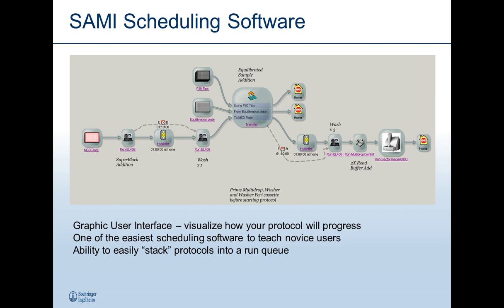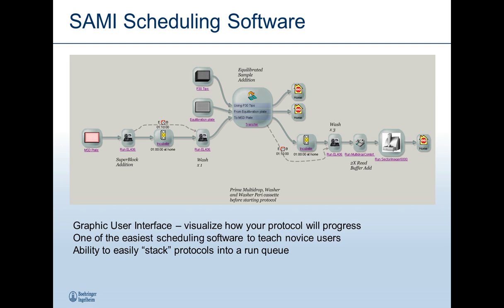SAMI has a very easy to understand graphic user interface, which can show you visually how your protocol is going to progress, what labware is being drawn in to what step, where it's coming from, and how long each step is going to take. Methods like this are built based on one plate.